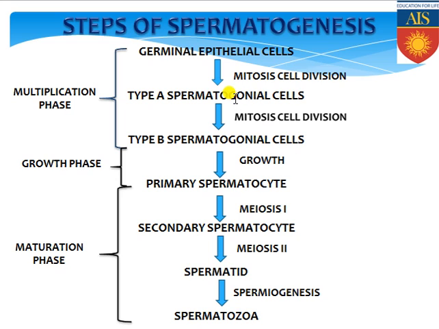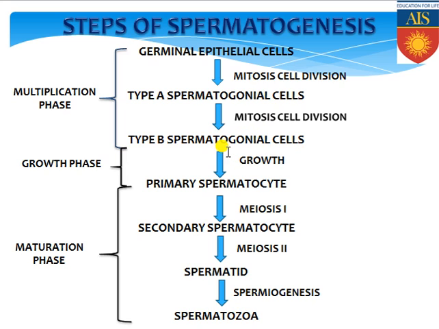So spermatogenesis starts from the outer membrane of the seminiferous tubule, the germinal epithelial cells. Those cells divide mitotically to produce type A spermatogonial cells, and those further divide to form type B spermatogonial cells.